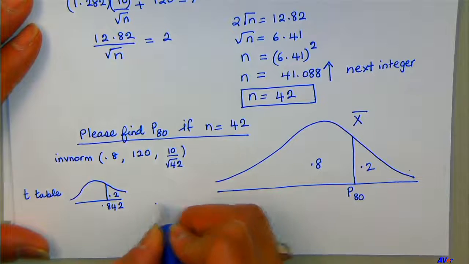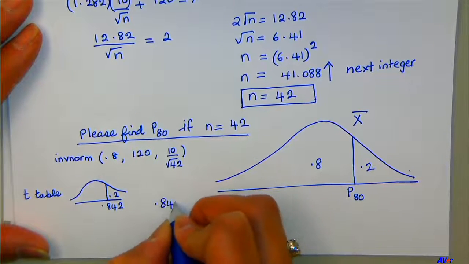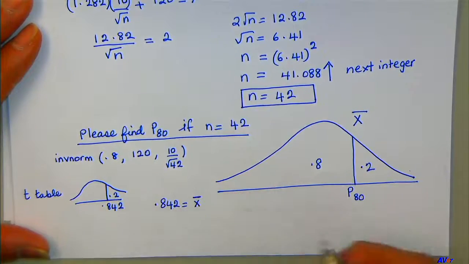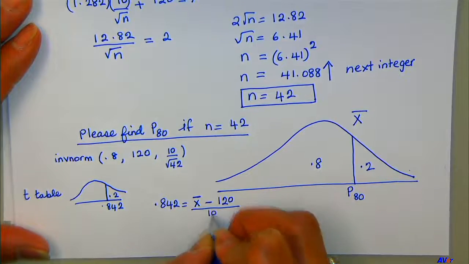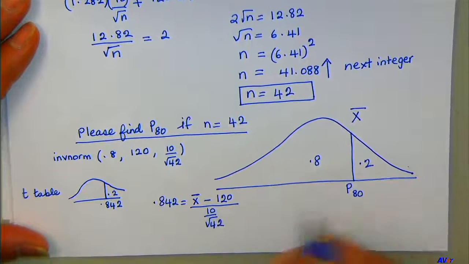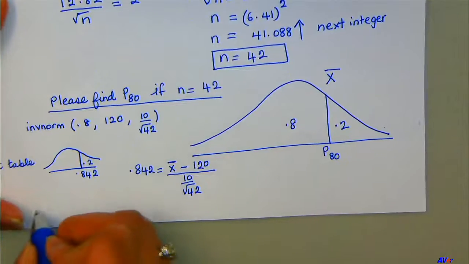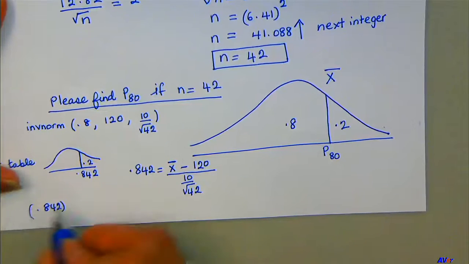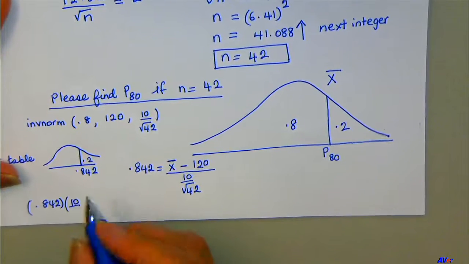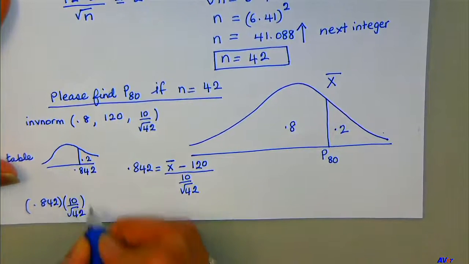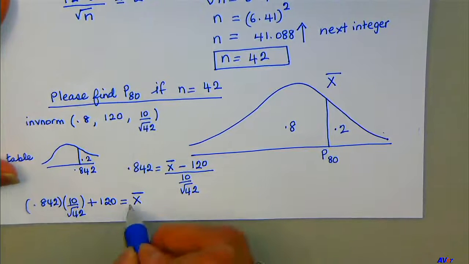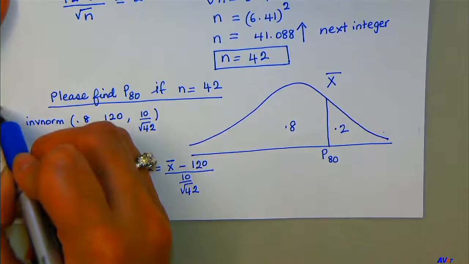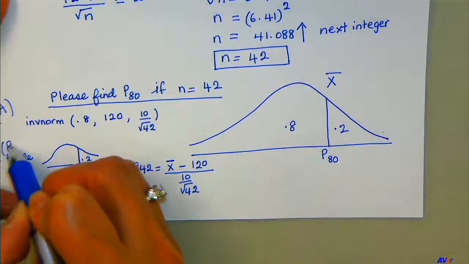So 0.842 equals X bar, which is unknown, minus mu, which is 120, over 10 over rad 42. Cross multiply and solve. So 0.842 times 10 over rad 42 plus 120 equals X bar. That should give you the same answer as inverse norm. So you have choices. Choice A, choice B. Same answer.